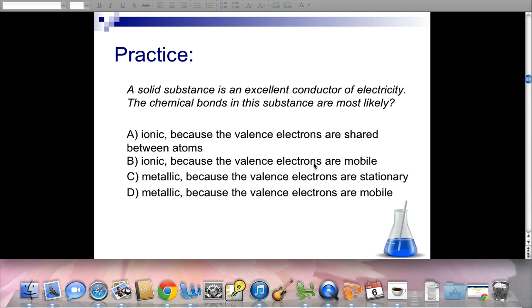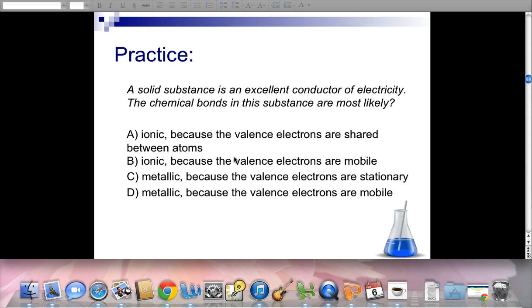Ionic because the valence electrons are mobile. That just seems a little oddly worded, but we'll keep that in mind for a moment. Metallic because the valence electrons are stationary. Well, if it's a stationary electron, then electrical currents cannot possibly occur, and so that leaves D, metallic, because the valence electrons are mobile.